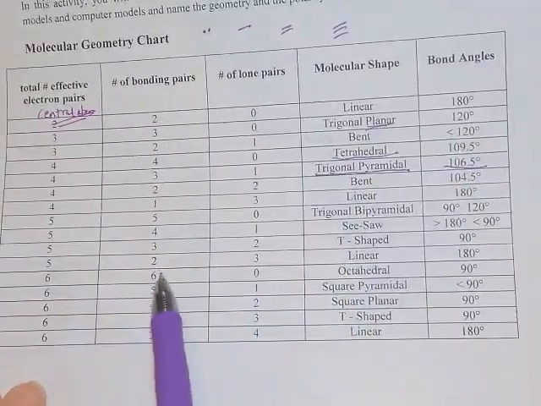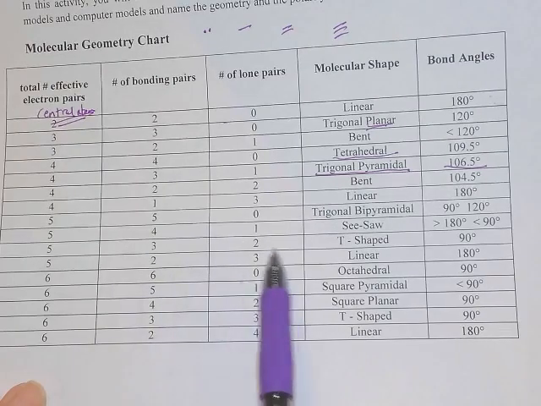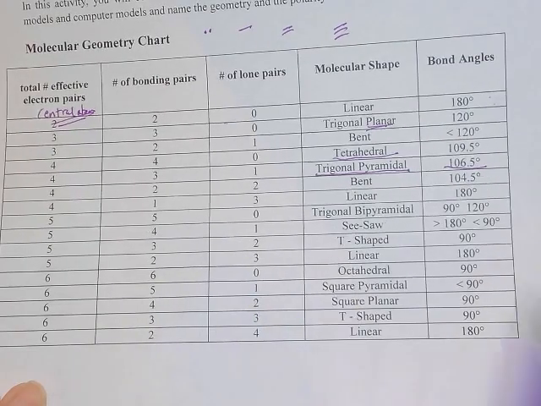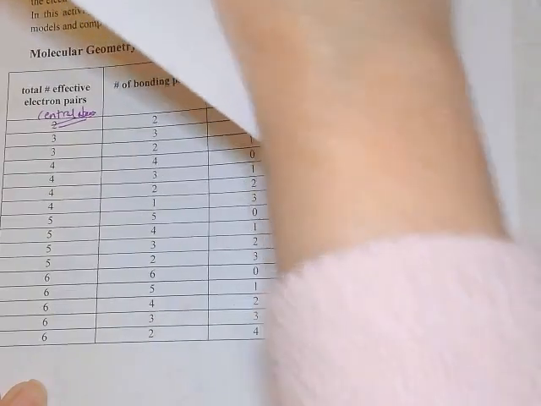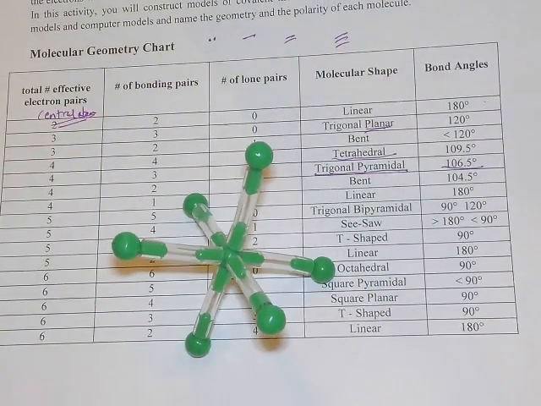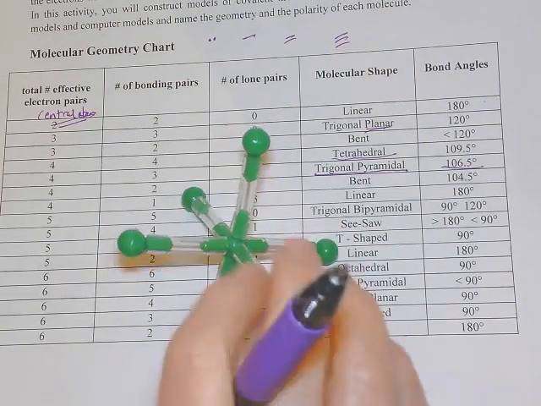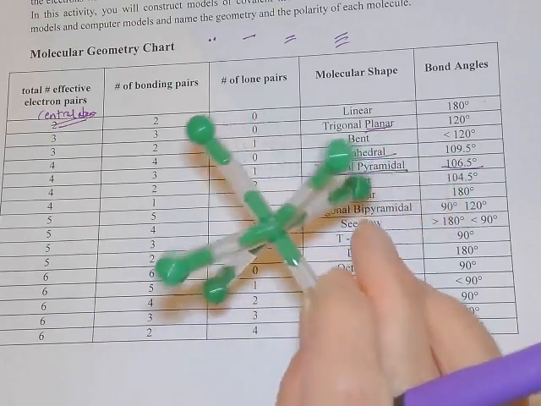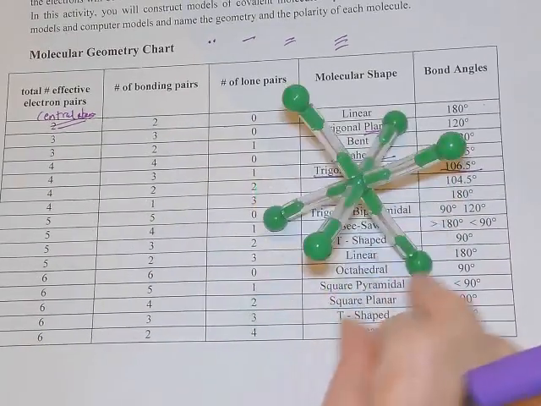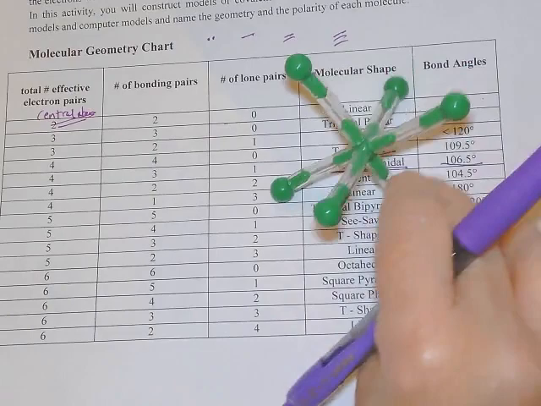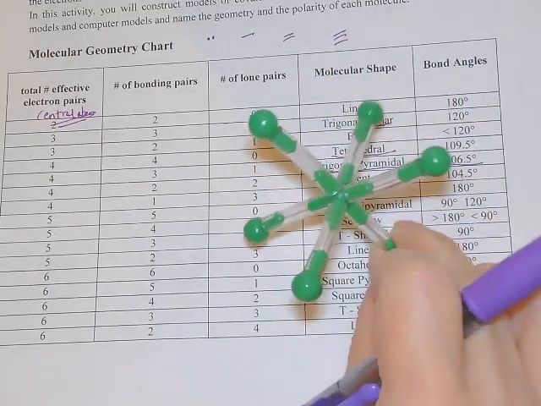So we had 6, and 6 with no lone pairs would be octahedral. So I have a nice octahedral here. An octahedral with all of them bonded is a nice molecule, very nonpolar, as you can see, very symmetrical. But that's not what we have.